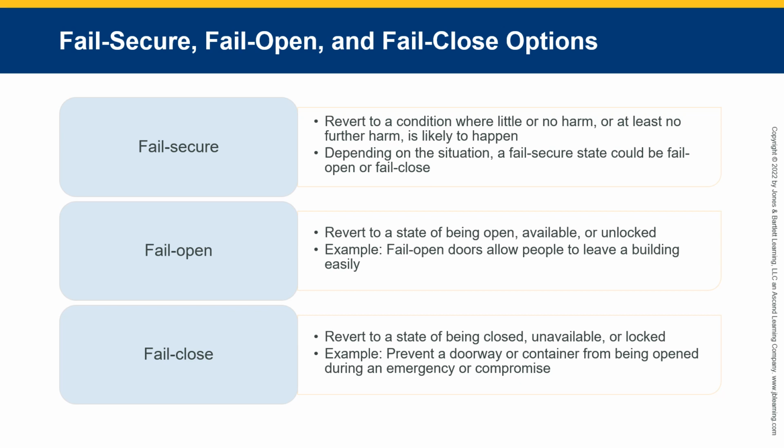That way, the shooter would be contained in a locked space and would not have the ability to move from one location to another. That is one philosophy of fail close, and doors can only be opened as they are cleared. That is something that would happen in an emergency or compromise.